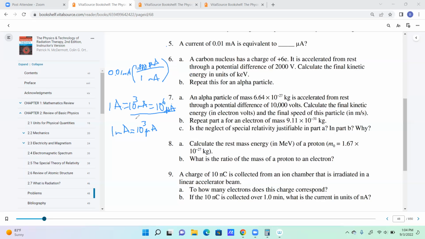So we have 0.01 milliamps being multiplied, and that is canceling, so I really should cancel that out, and that's being multiplied by 1,000 microamps.